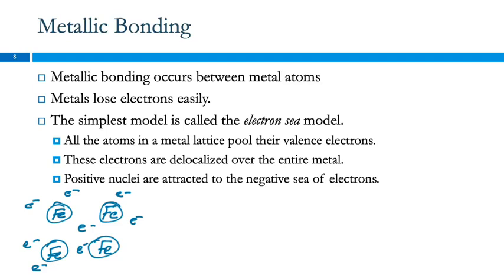Metals conduct electricity, right? In order for something to conduct electricity, you have to have charged particles that are free to move. These electrons are delocalized over the whole piece of metal. They can move. So if this one moves over here, another one can come in and fill its spot, and so the electrons can move, so metals conduct electricity.